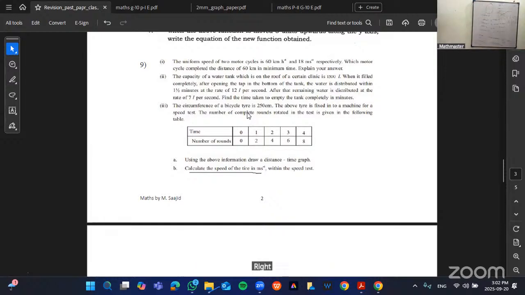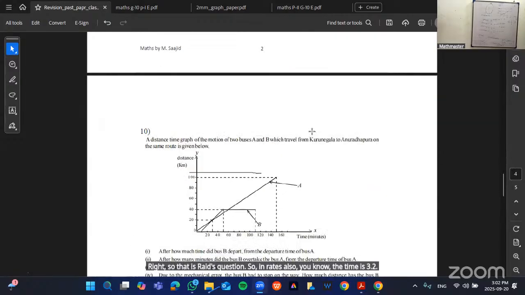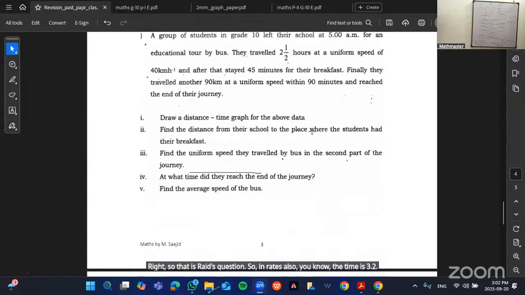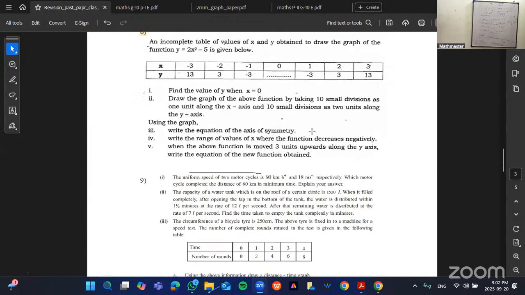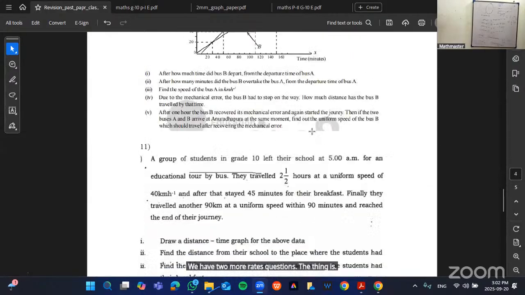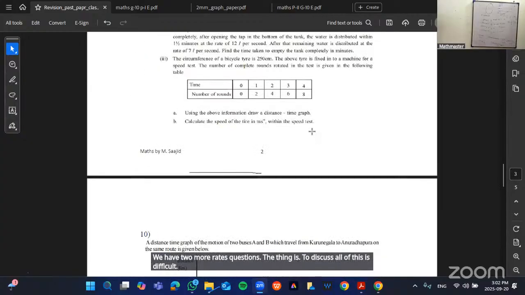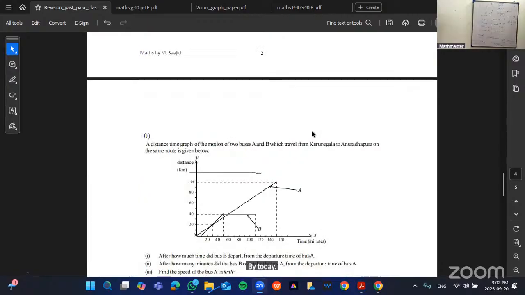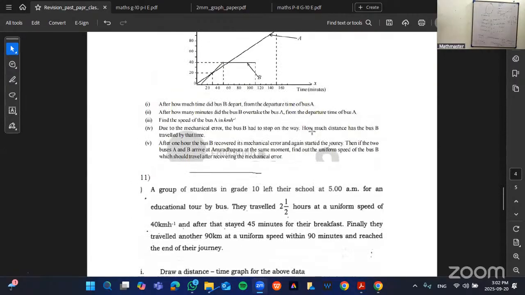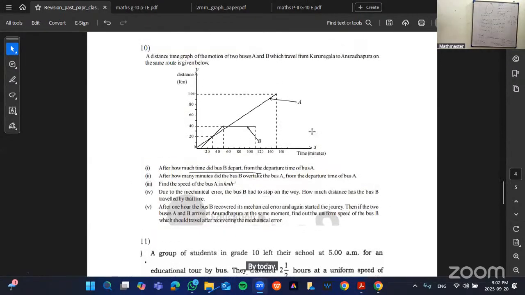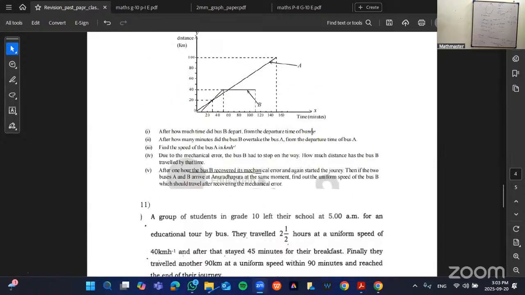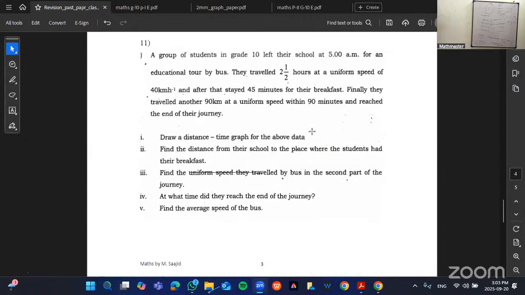Right, so that is the rates questions. Now the time is 3:02 and there are two more rates questions, but it is difficult to discuss all of these today.